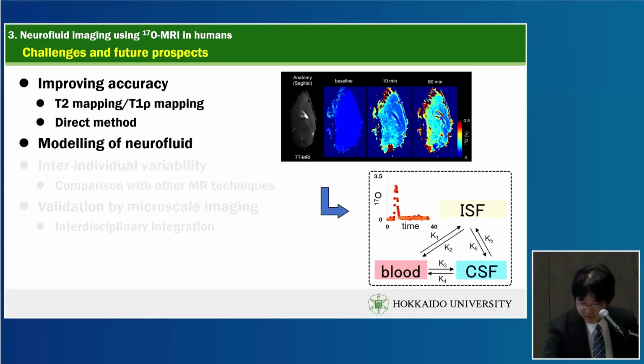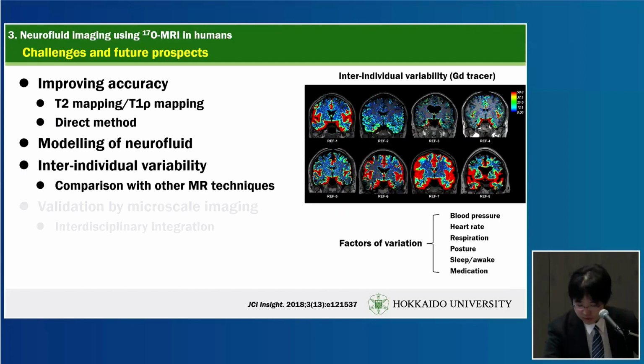Secondly, it is necessary to perform neurofluid modeling using O17 water distribution data and verify the lymphatic system. Thirdly, this has already been shown by Professor Watanabe. Thirdly, the spread of CSF tracer among individuals may vary significantly.